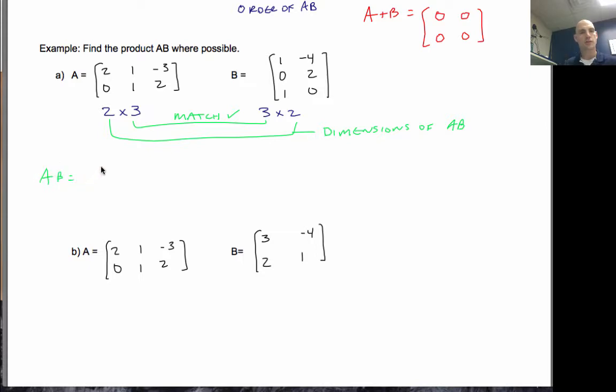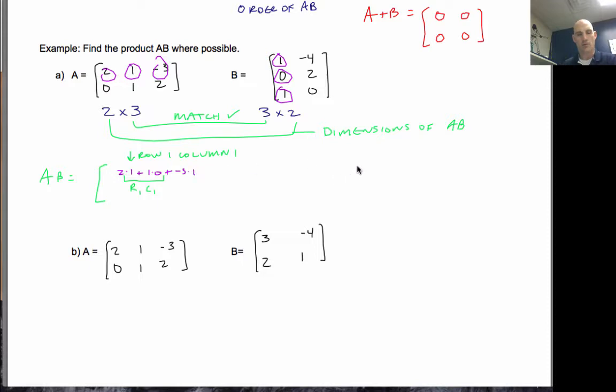AB is equal to, now, this right here, row 1, column 1. So in this spot goes row 1 times column 1. What does that look like? Well, it's going to be 2 times 1 plus 1 times 0 plus negative 3 times 1.